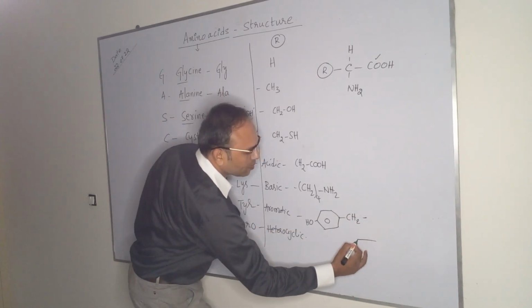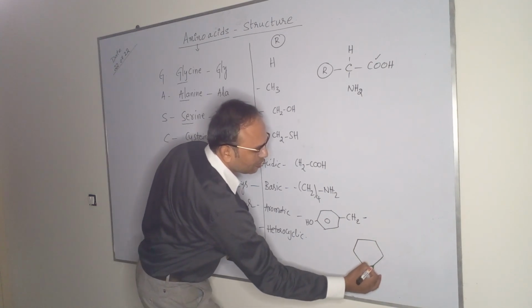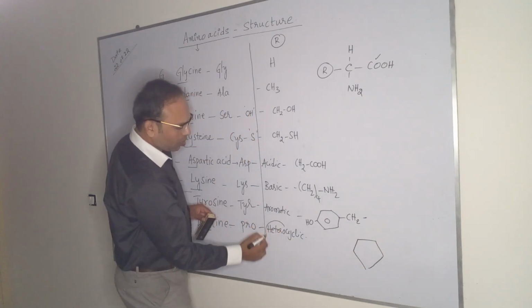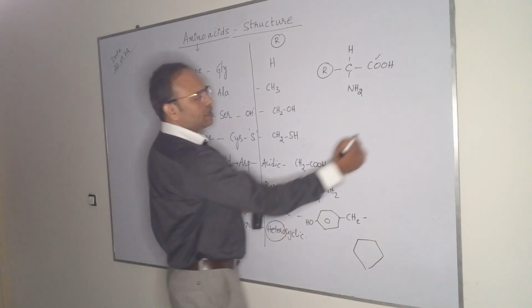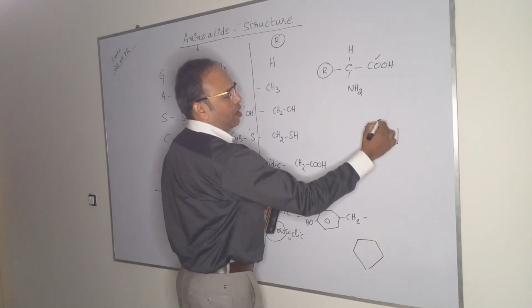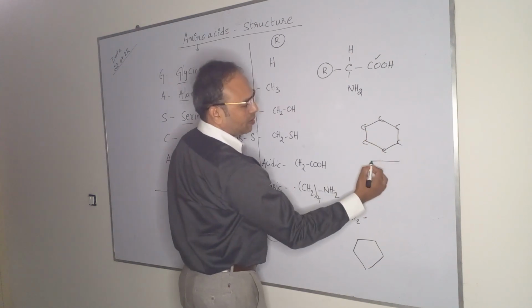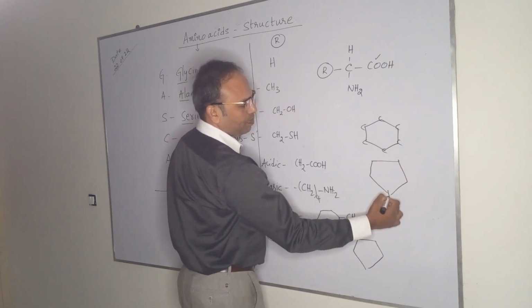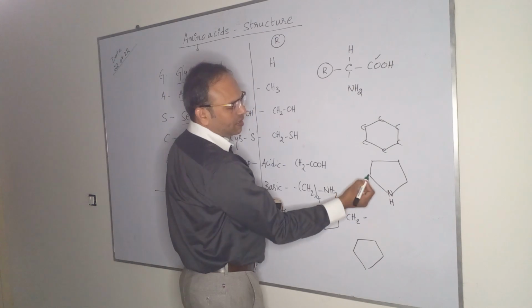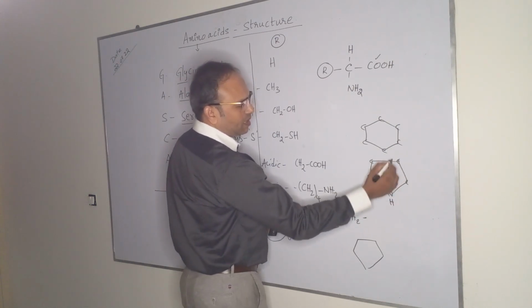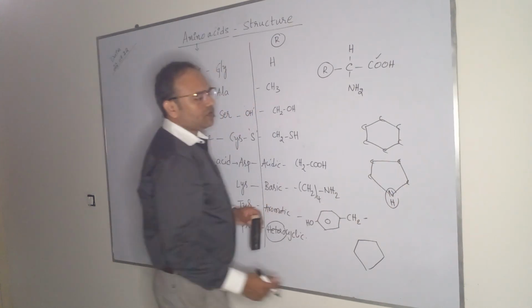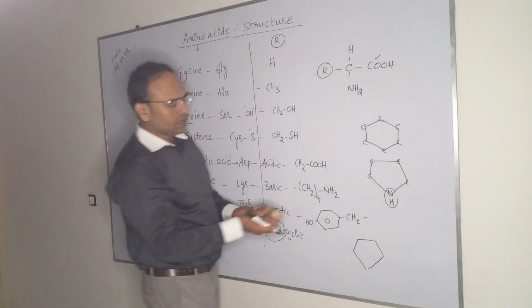Now the last one, heterocyclic. It is not R, but the complete amino acid that is heterocyclic. What is hetero? Different atoms are present. Suppose cyclohexane contains all carbons, but in proline you have nitrogen here. So other than carbon you also have nitrogen, then you call it heterocyclic.